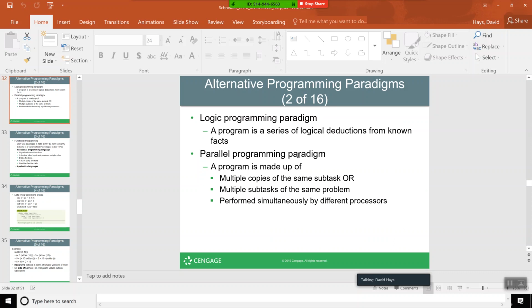Parallel programming: a program is made up of multiple copies of the same subtask or multiple subtasks, the same problem, performed simultaneously by different processors. This is where we probably should be going, as we have machines that have more than one processor. But it seems like there isn't a real push for that. But that's the concept behind it. To fully take advantage of it, you use all of them at the same time.